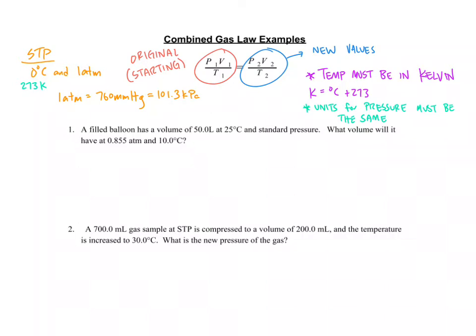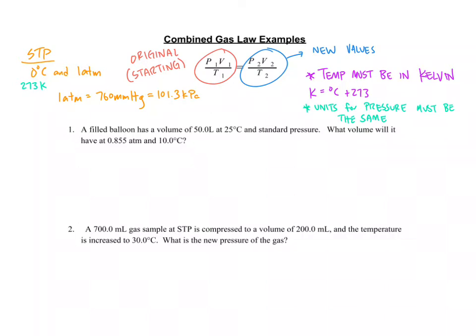All right, so number 1 says a filled balloon has a volume of 50 liters at 25 degrees Celsius and standard pressure. What volume will it have at 0.855 atmospheres and 10 degrees Celsius? Okay, so what I want you to get in the habit of, and this is easy because all of these examples are combined gas laws, I want you to practice writing your variables all on one side before you get started.